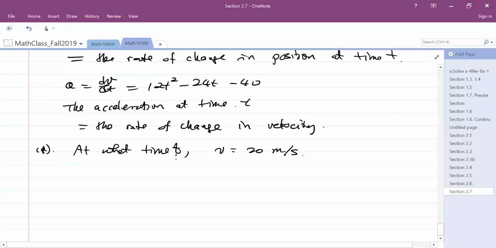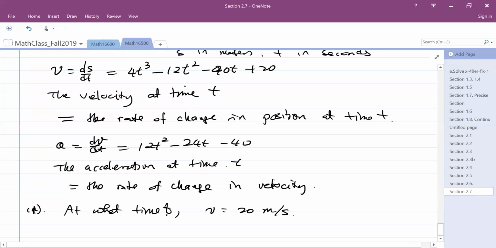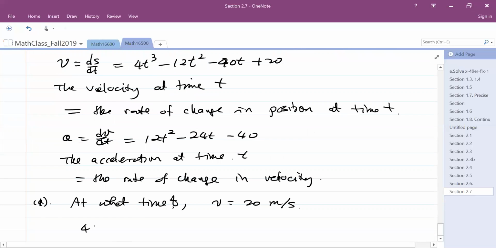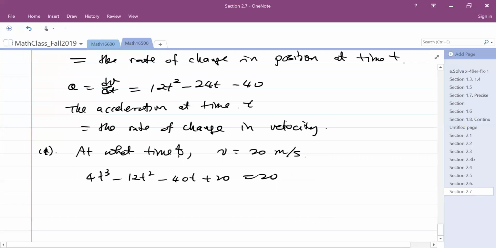At what time t is the velocity 20? The velocity function is 4t cubed minus 12t squared minus 40t plus 20, and that is going to be 20. In general, it's impossible to solve this easily because it's a polynomial of degree 3.